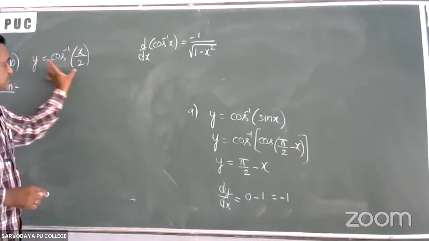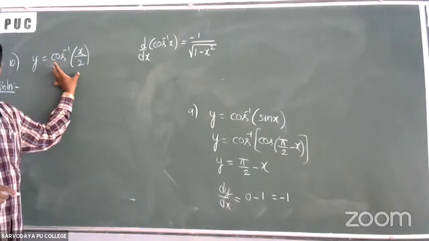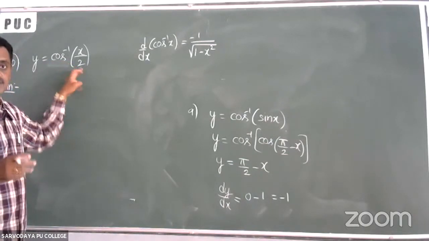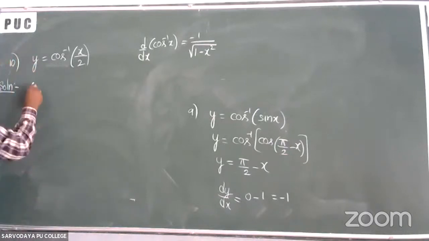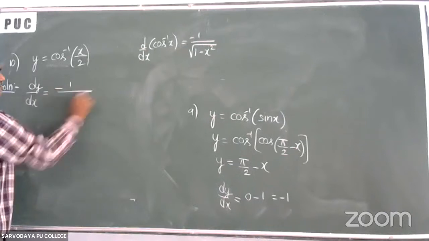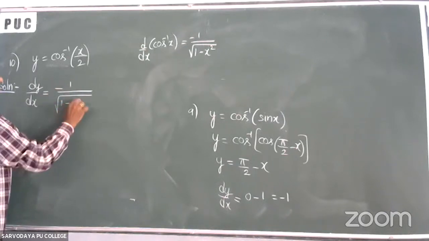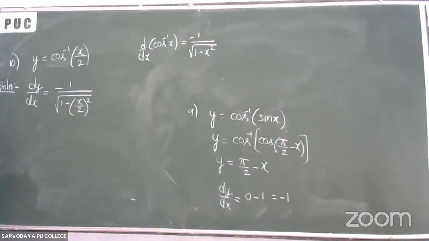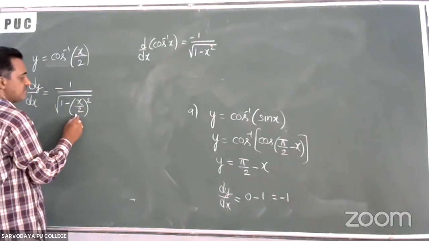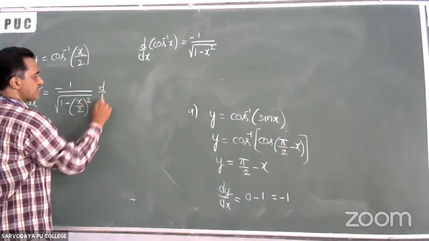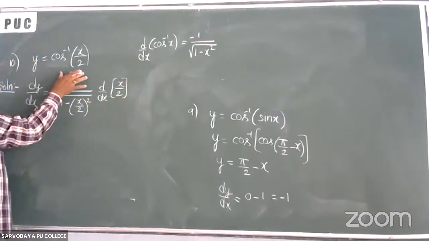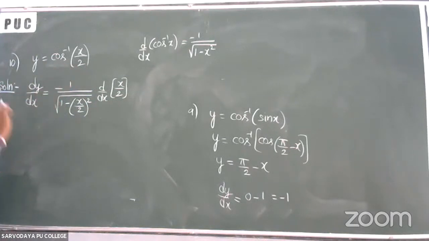Two functions are combined, an inverse trigonometric function and an algebraic function. So its derivative is minus of 1 divided by root of 1 minus x by 2 whole square, into d by dx of x by 2. Is that clear? Because this is a composite function, we have applied the chain rule here.